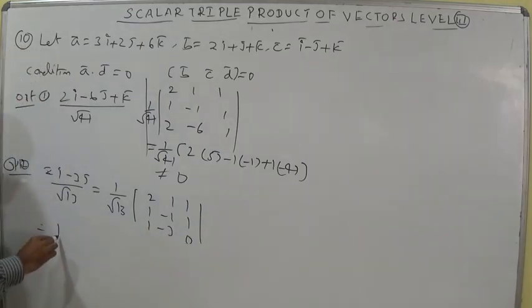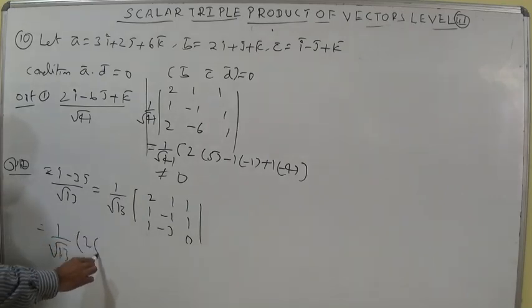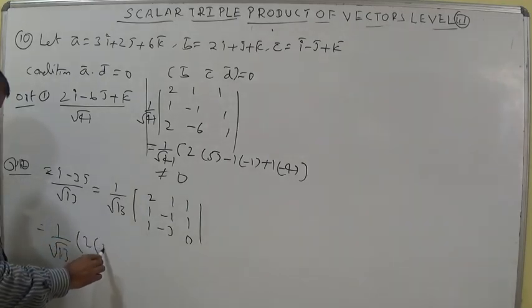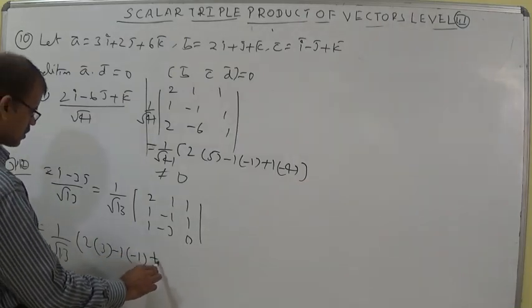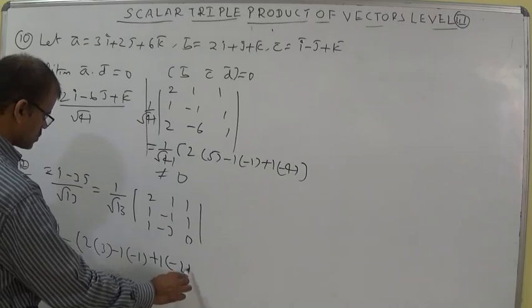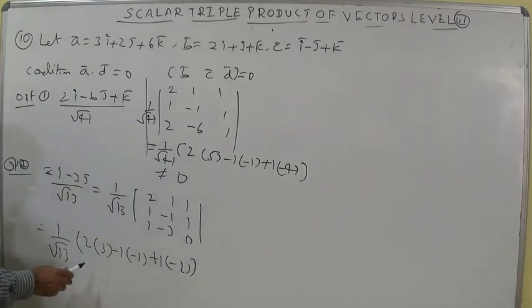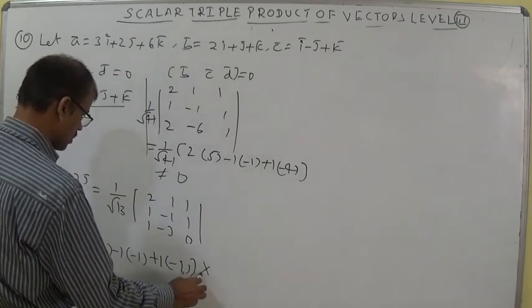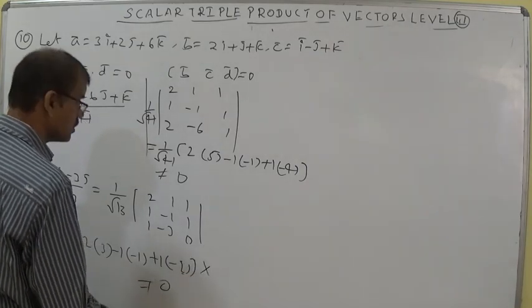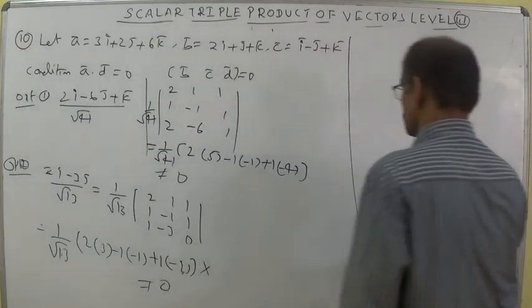That is equal to 1 by root 13 into 2 into 3, minus 1 into 0 minus 2, plus 1 into minus 3 plus 2. This is 6 plus 1 minus 2, 7 minus 2. This is also not equal to 0. So the second option also does not satisfy.